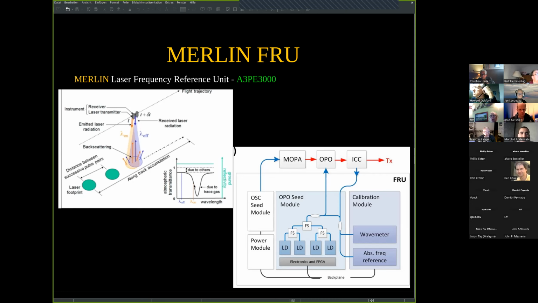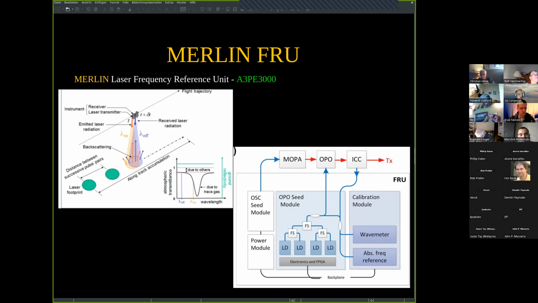The difficult part of this is to generate the needed laser frequencies, and these are generated by solid state 10 milliwatt laser diodes. That is what the frequency reference unit and Microcore did in this case.